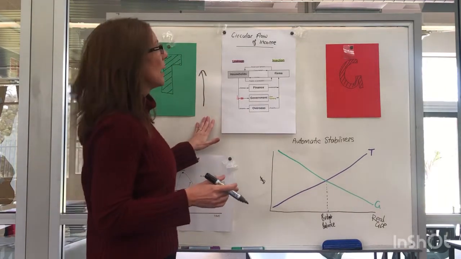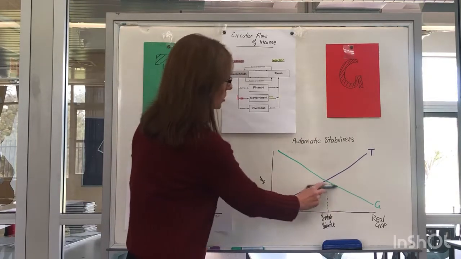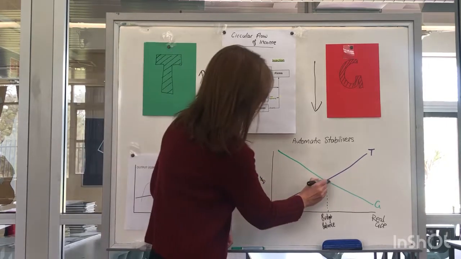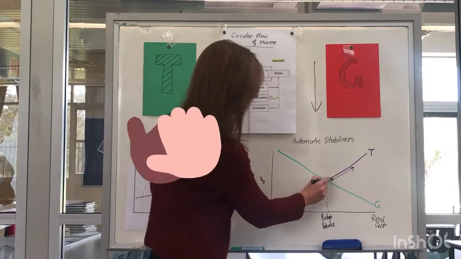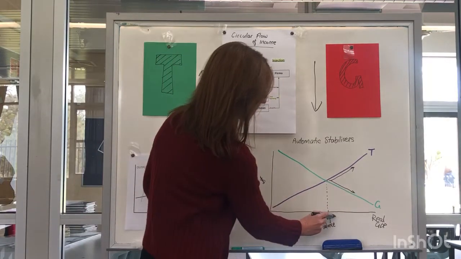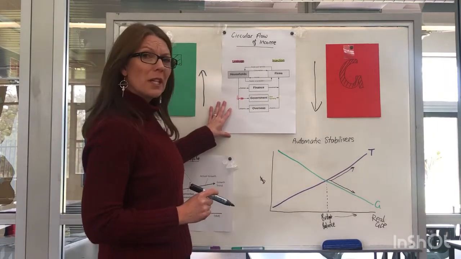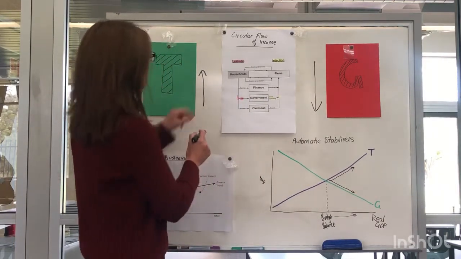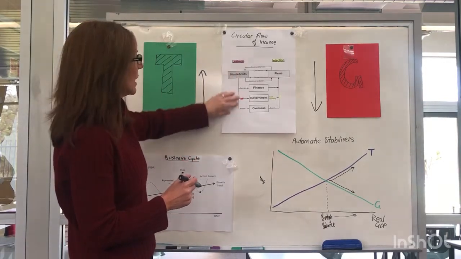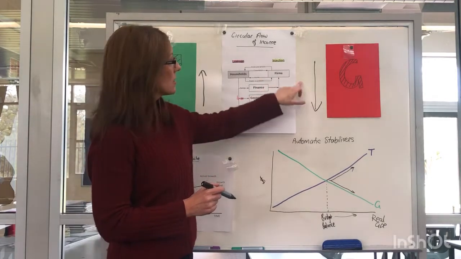so lots and lots of tax revenue. And as a result, government spending, okay, so the G, actually reduces. So government spending goes down. So in a peak, we see tax revenue head up, government spending on welfare go down. This is real GDP, so this is, as we're heading towards that peak. And if we refer back to our circular flow, we go, okay, well, if tax is increasing, that's a leakage, okay? So money's coming out, government spending, there's actually less going back in, so that's decreased.